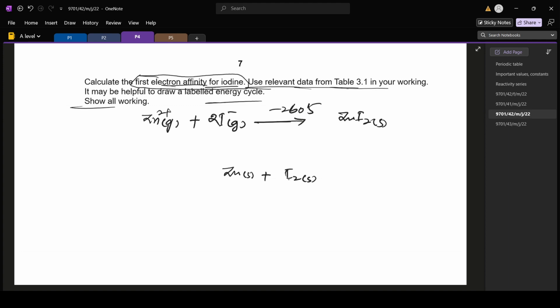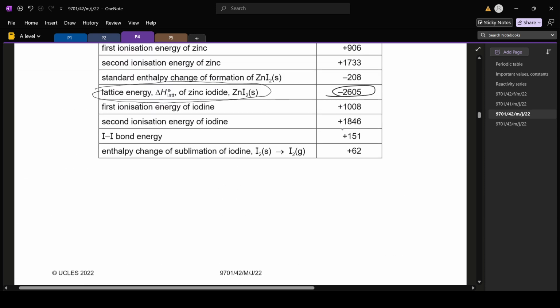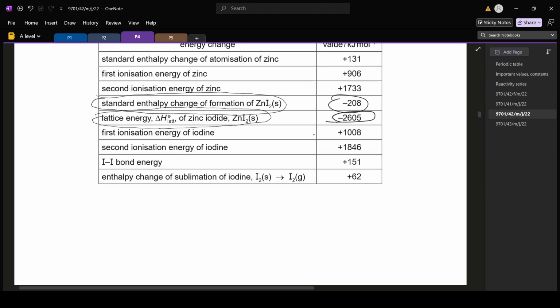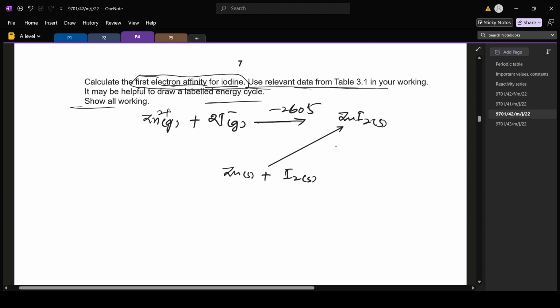From this you can form zinc iodide. So this will be the enthalpy change of formation, and the standard enthalpy change of formation of zinc iodide is also given to you, which is negative 208.